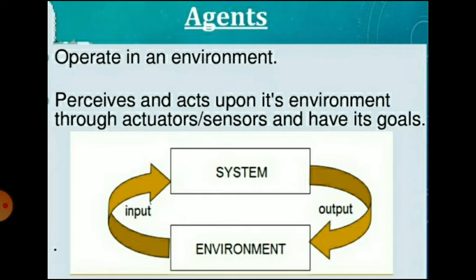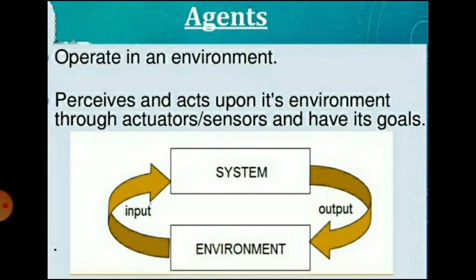There is a system, or you can say an agent, and at the bottom block there is an environment in which the agent works. The environment means where we have to work with agents.